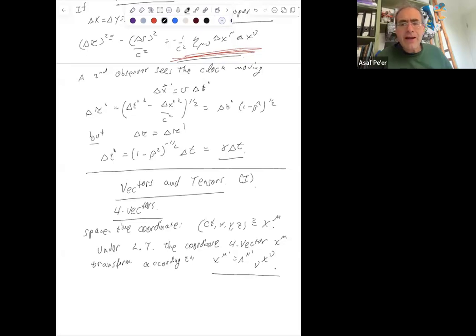So now I'm going to define a vector in general, not the coordinates, any vector.